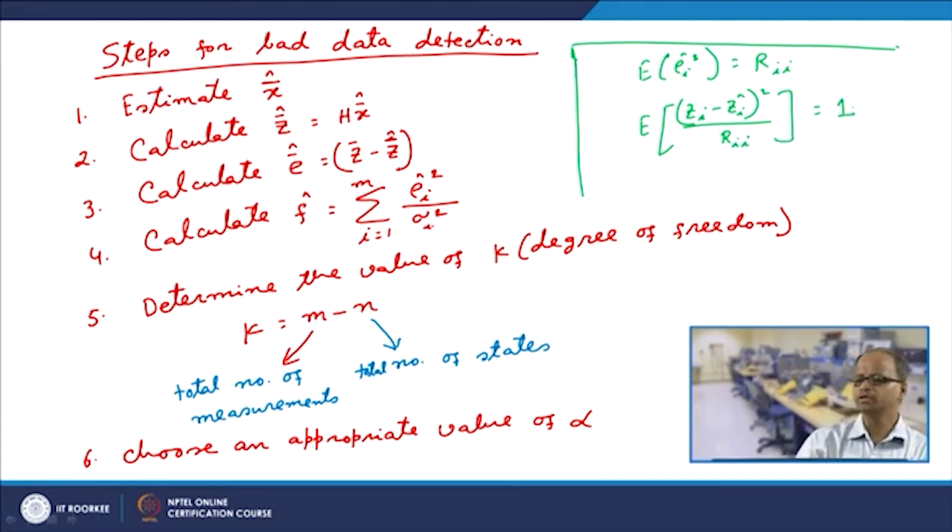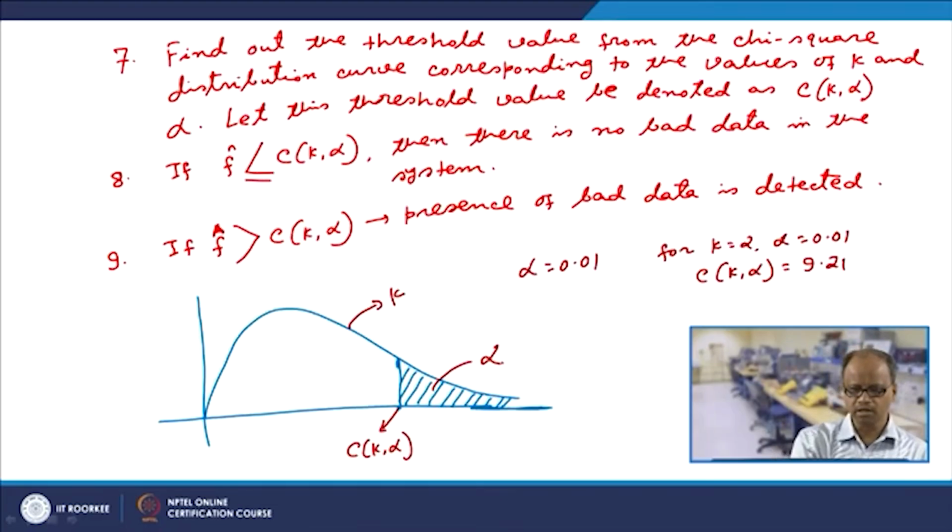So, then what we are actually trying to do, but this is the expected value. In that case, what we calculate is, when bad data is detected, we calculate Ei hat divided by root over Rii.